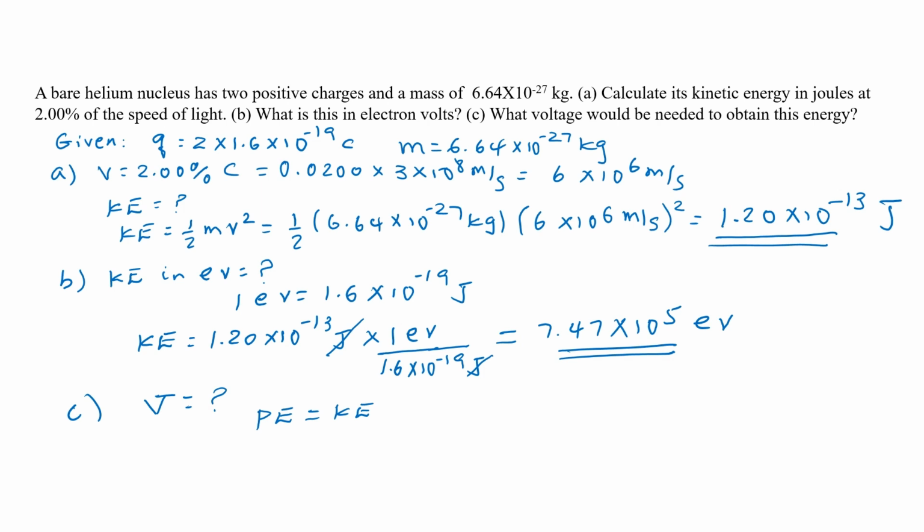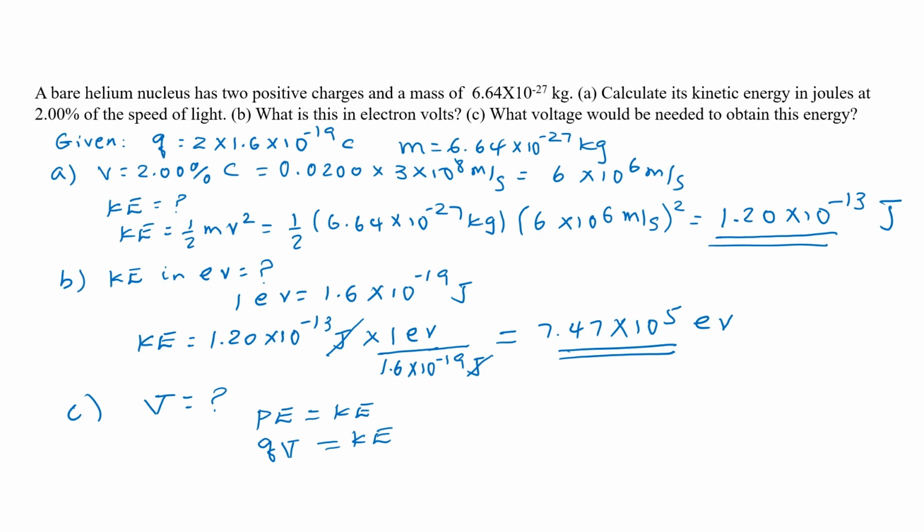And we know that potential energy of a charge is given by Q times V, where V is the potential difference. Potential energy is equal to the charge multiplied by the voltage. That's equal to kinetic energy.